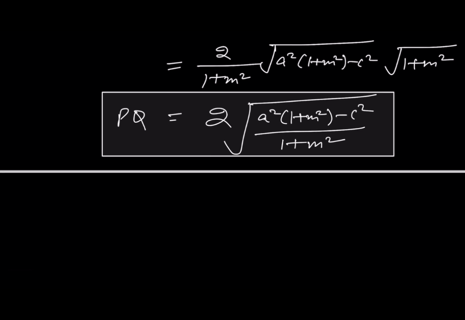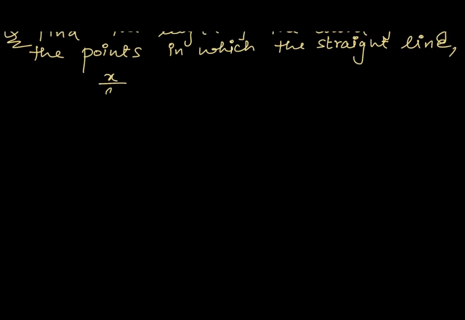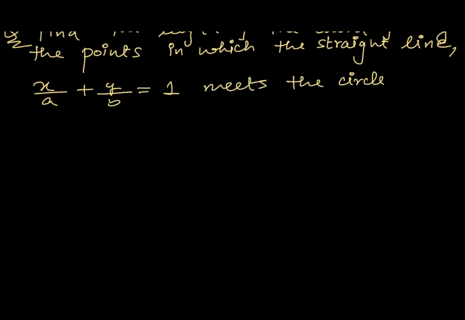Let us take a question. Question is, find the length of the chord joining the points in which the straight line x upon a plus y upon b is equal to 1 meets the circle x square plus y square is equal to r square, right?